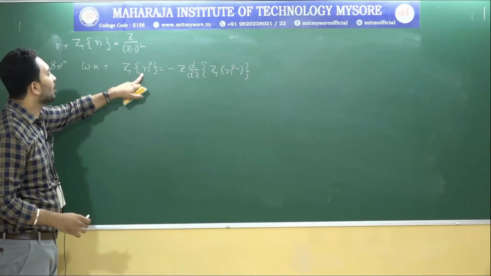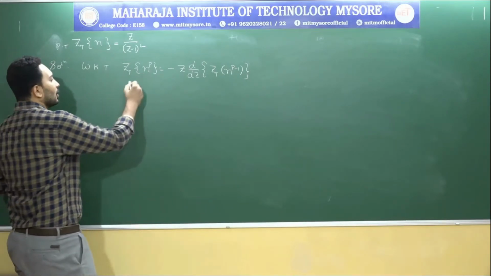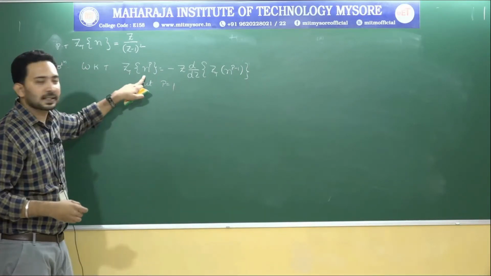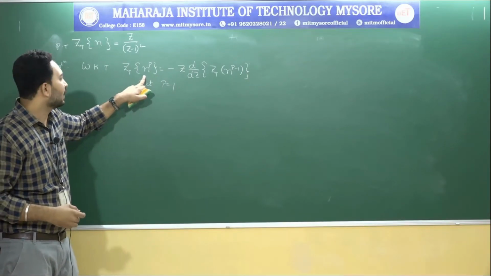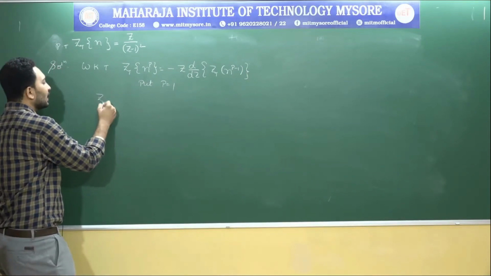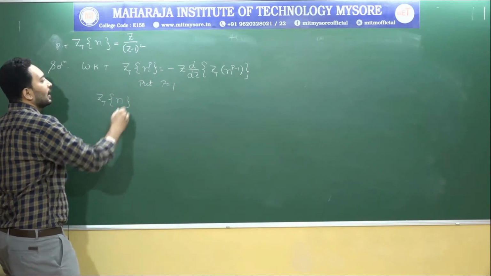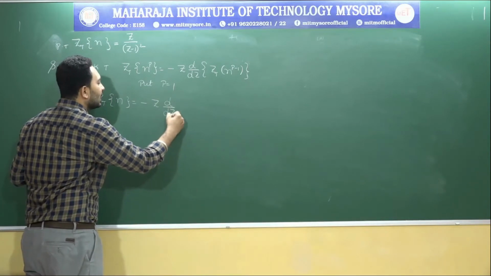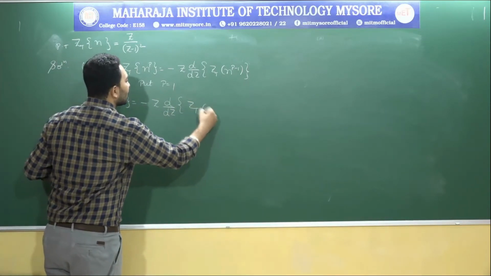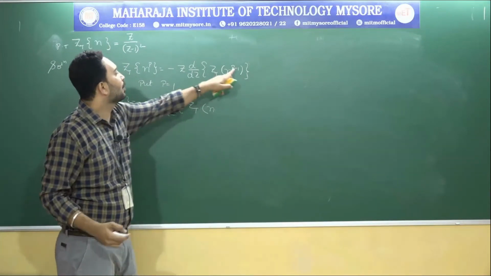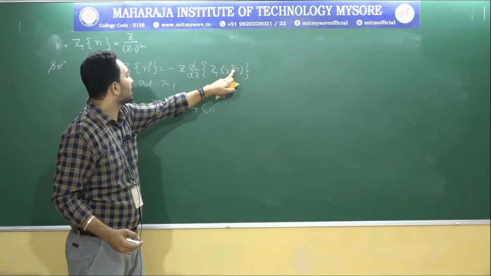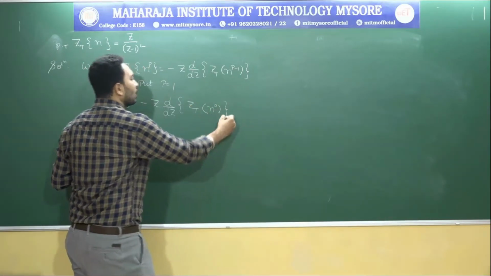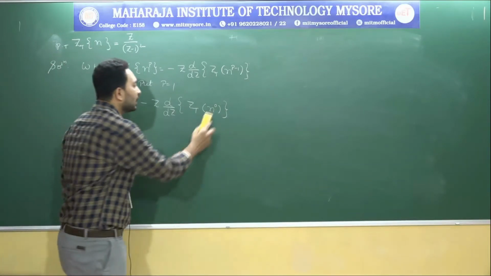So simply by putting p equals 1 we'll get the z transformation of n. So this becomes the z transformation of n equals minus z into d by dz of the z transformation of n power p minus 1. If I put p equals 1, 1 minus 1 is 0, n power 0. So n power 0 is nothing but 1.